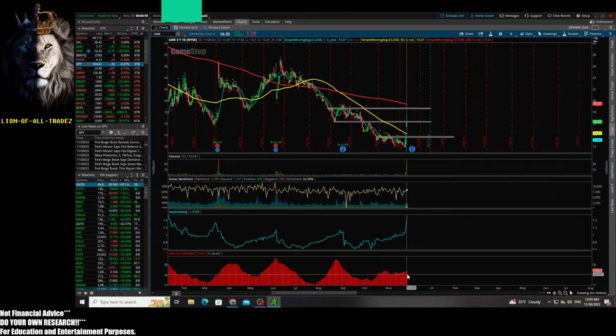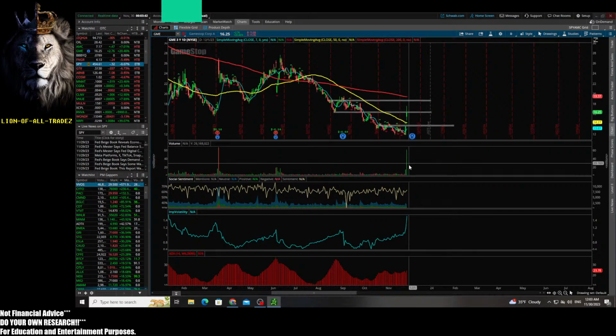The ADX is consolidating, but it's still holding up pretty good. It looks like it wants to come back up, to show the strength, the trend that's picking up. Also, the volume for today was a lot more than yesterday, which I found pretty interesting.